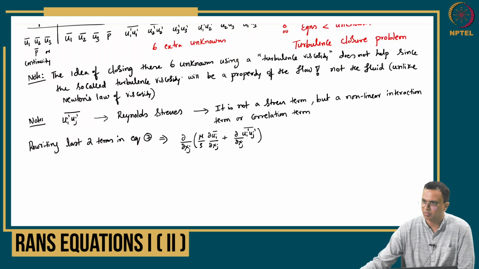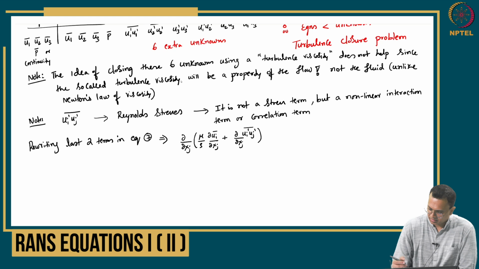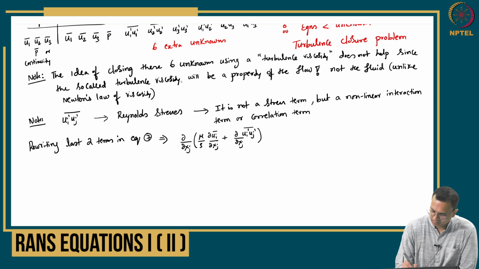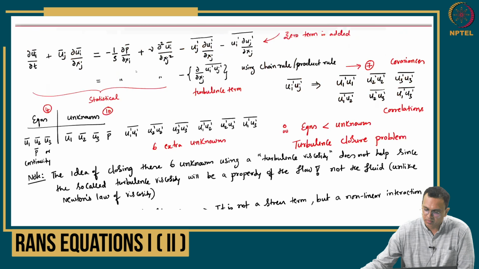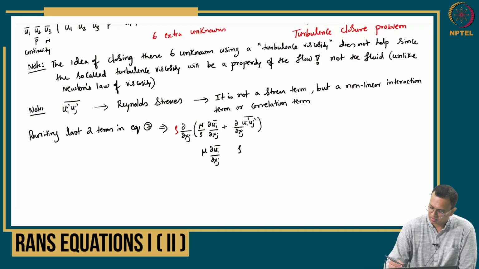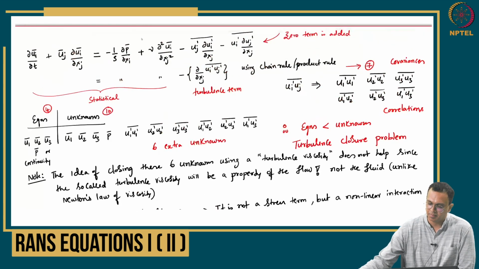So now if I multiply throughout by density, I can rewrite this simply as, if I take this down, then I would get this last term as mu d ui bar by dx j, right? So this will be mu d ui bar by dx j. This is your viscous stress. Then this term will be rho d by dx j of, wait, did I make a mistake? Yes, there is a mistake. So this differential operator does not exist, right? I am taking it out here.